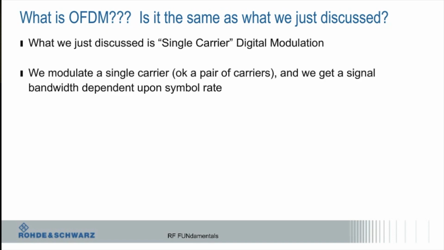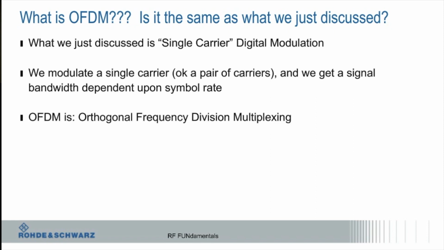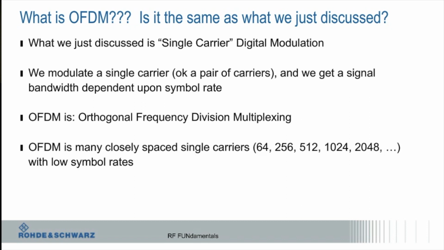When you modulate a single carrier or a pair of carriers, we get a single bandwidth dependent on symbol rate, right? We talked about that. OFDM is orthogonal frequency division multiplexing. That's a mouthful. Anyways, what OFDM does is it takes lots and lots of carriers and puts them really close together, with really low symbol rates.